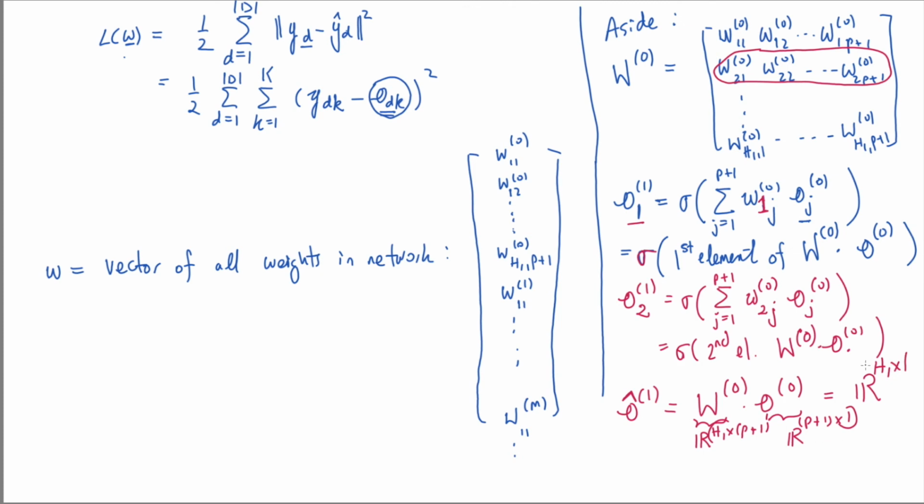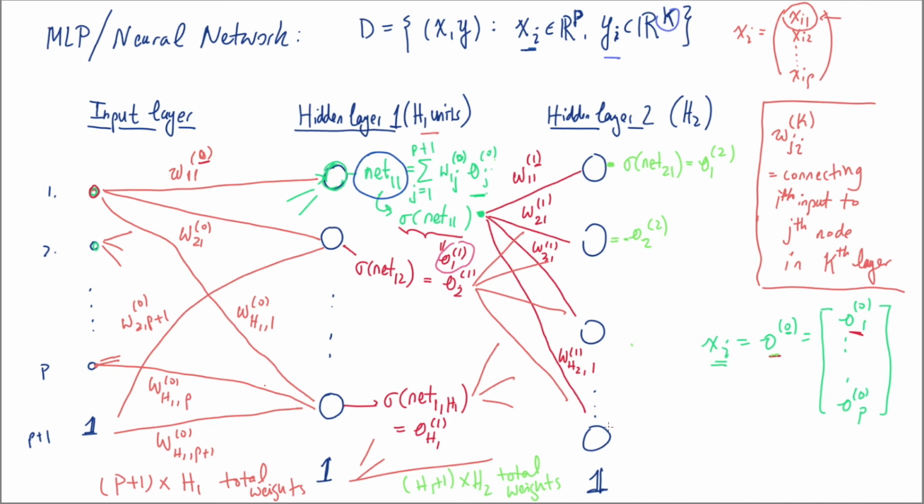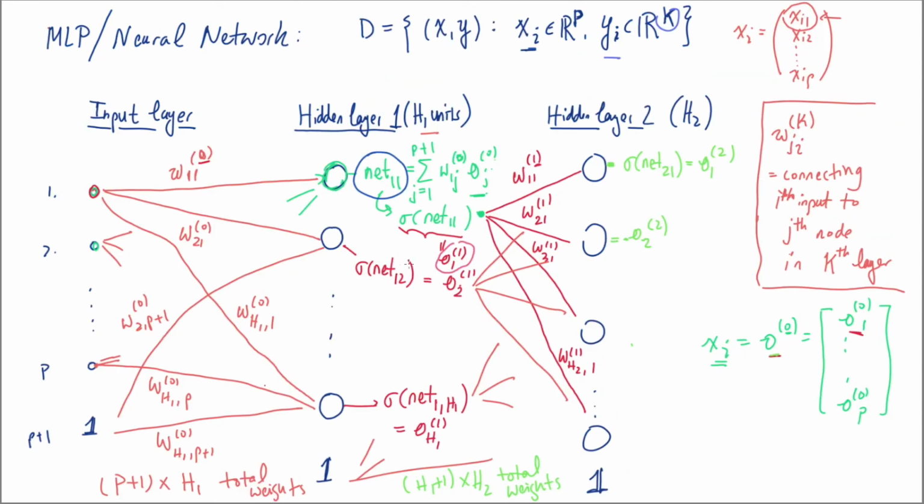If you're paying attention, you should see that this is slightly problematic, because from the first layer to the second layer we're going to need an extra set of weights for the bias. Let me repeat that.